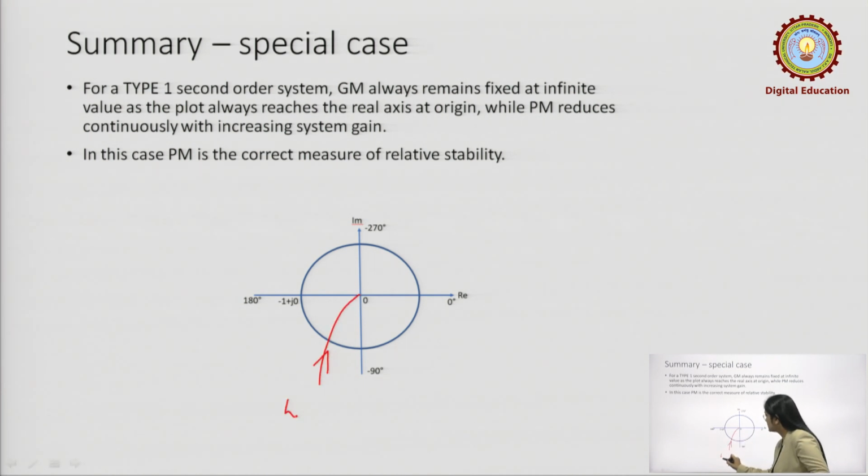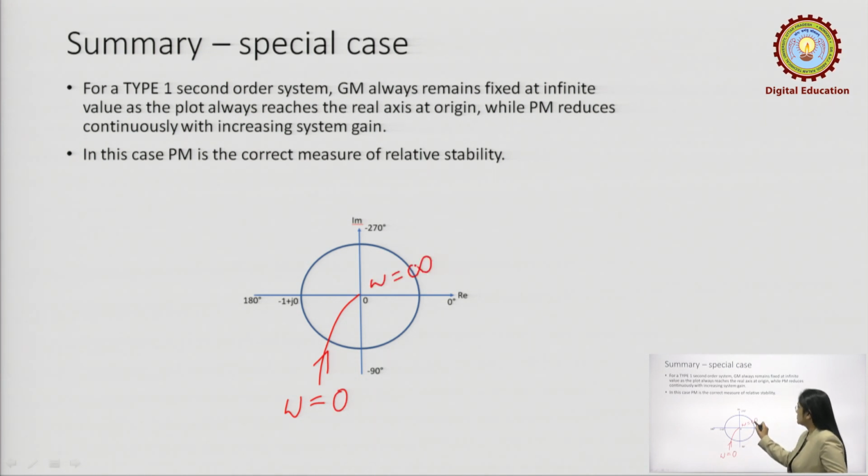Here ω is equal to 0 and this is ω equal to infinity. Here we can see that the value of A, that is the magnitude when the phase angle is -180 degrees, will always be 0.